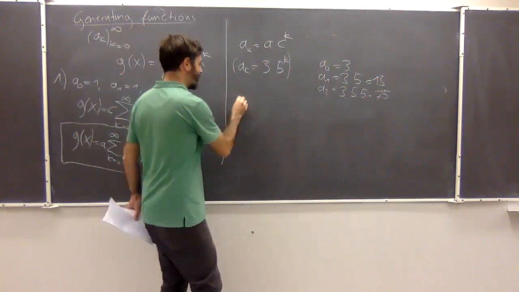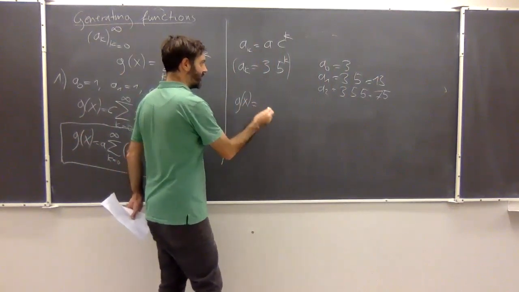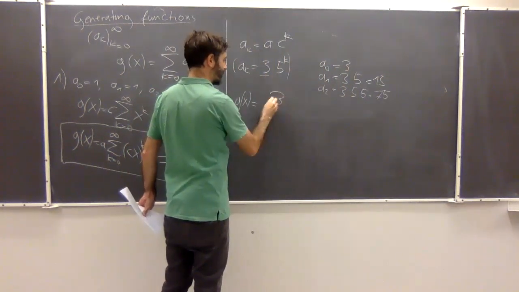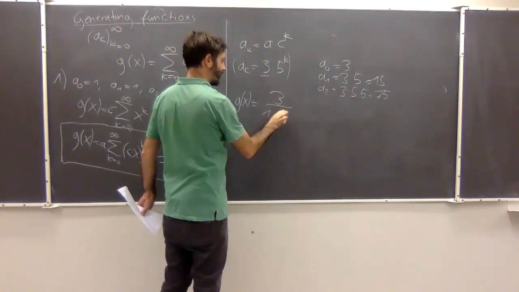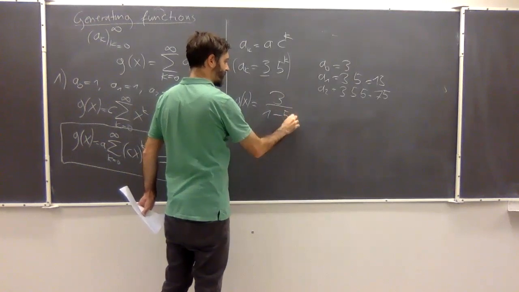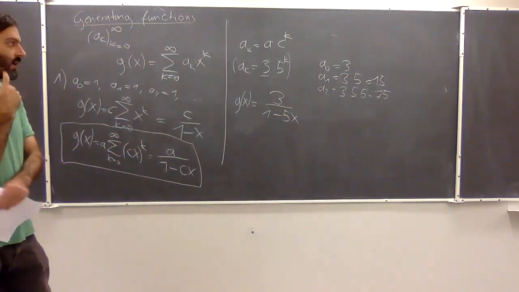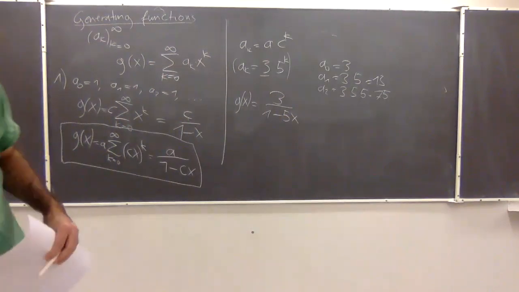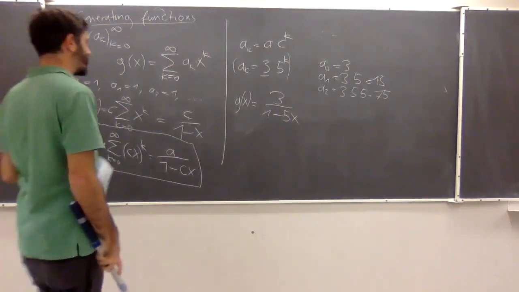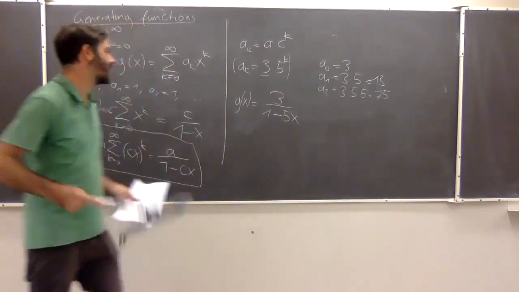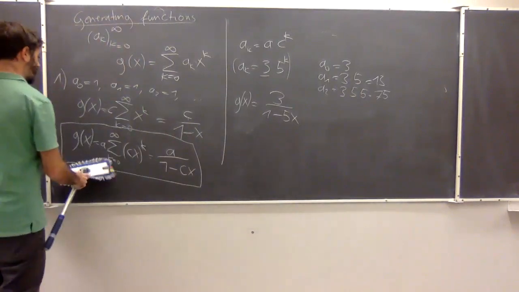And then my g of x is as said: you take the 3, the constant, in front of it, and that's over 1 minus 5 times x. Okay, so we have a way of going between representations of sequences as functions or as a bunch of numbers.